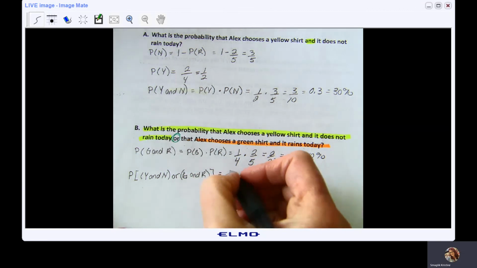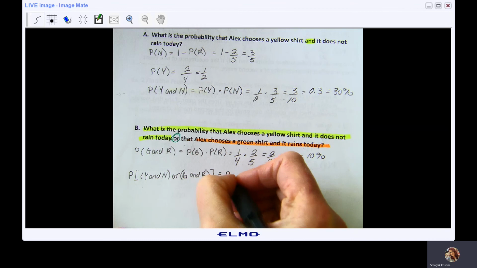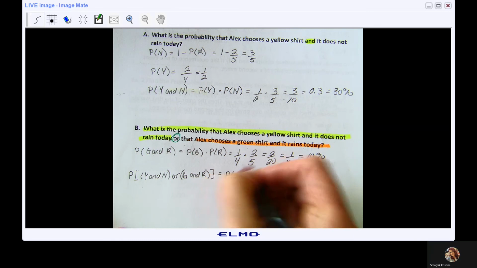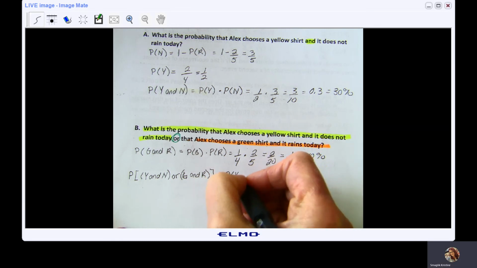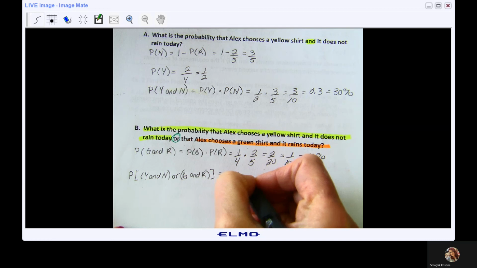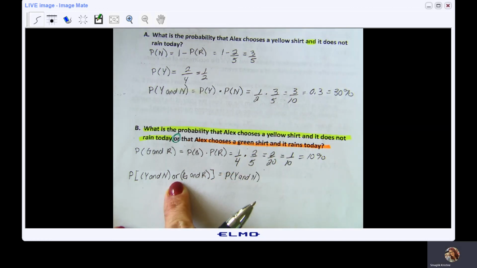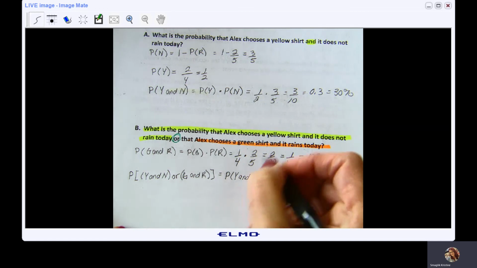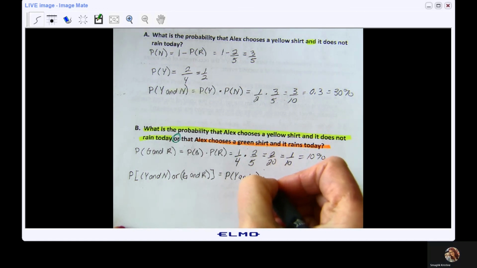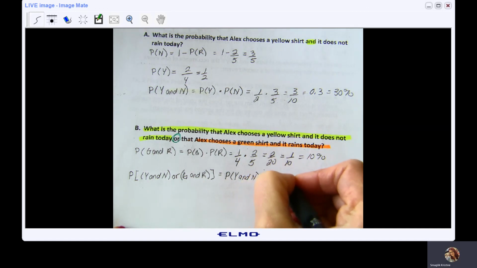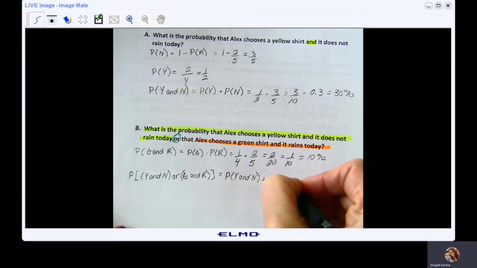So that is going to be the same as the probability of yellow and no rain, because it is an or statement and it is mutually exclusive, plus the probability of green shirt and rain.